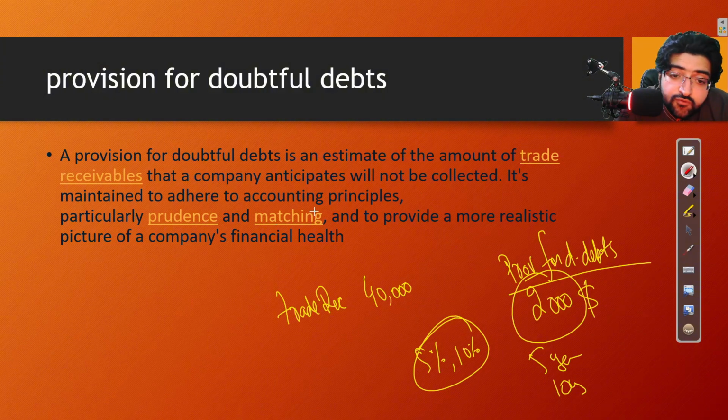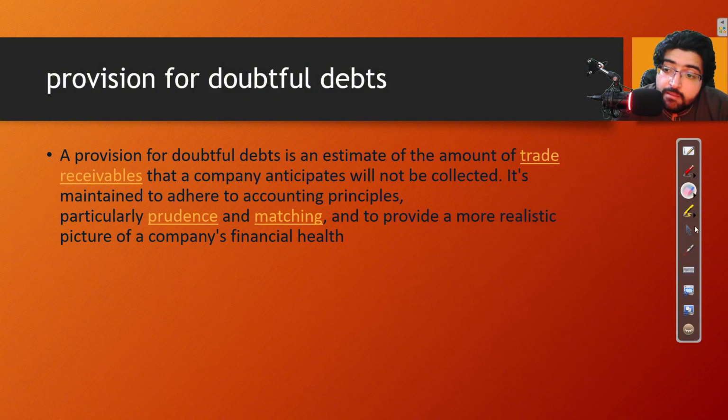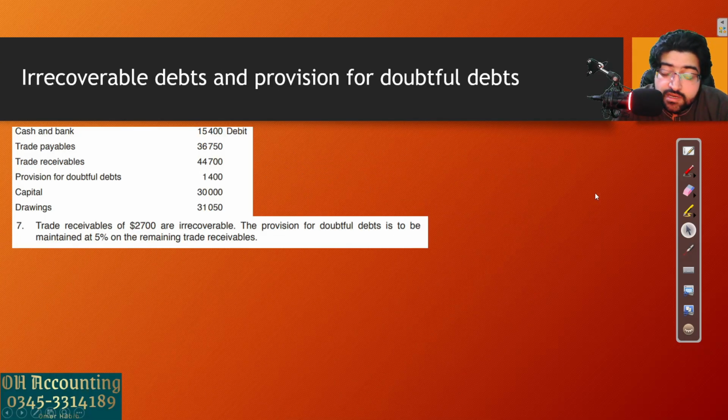We have to follow accounting principles which state that assets should not be overstated and also profits should not be overstated. We have to foresee these things and manage them in the accounting books. It is a contra asset account. A contra asset account is an account which reduces the value of our assets, in this case trade receivables.